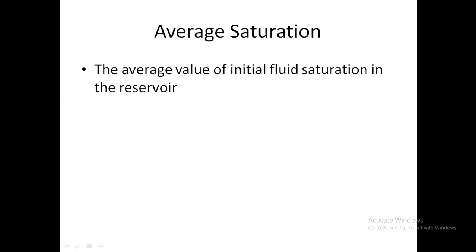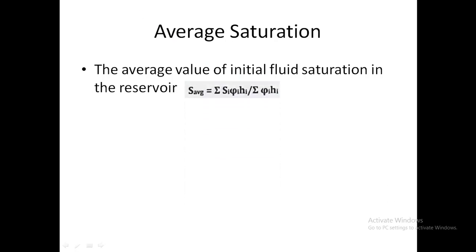So these are the 2 points I need to say for this graph. So let us see the next slide. Average saturation. Let us consider that you have a complete reservoir which is divided into different sections. For calculating the total saturation of the reservoir, we consider a term as average value of initial fluid saturation in the reservoir.